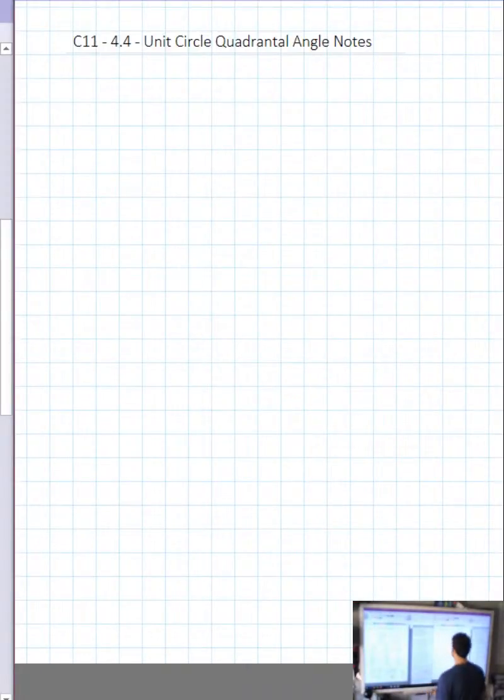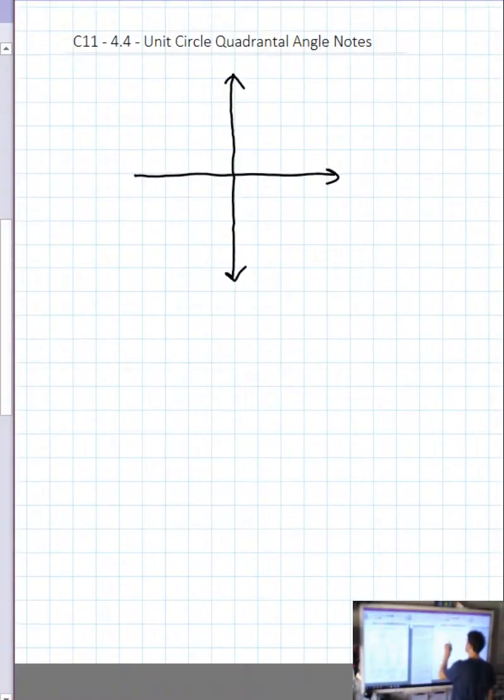Okay, so let's draw a really nice little unit circle very, very carefully. So a nice axis. Now, I'm not going to do it perfectly, so don't use my graph paper behind if you can see it.